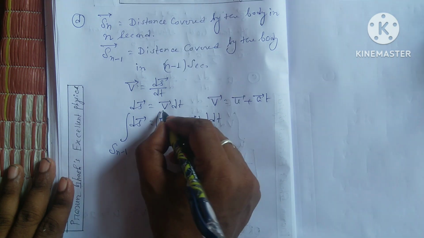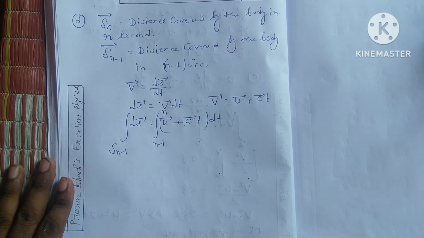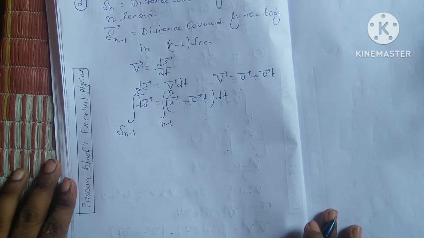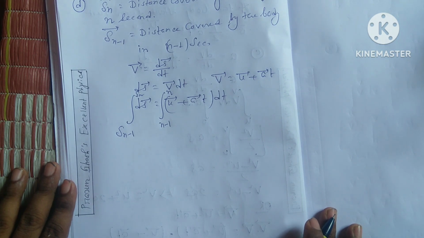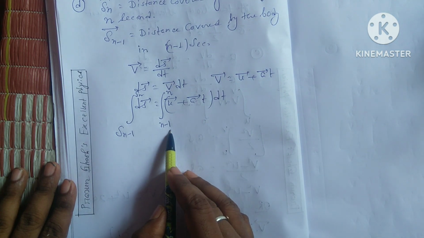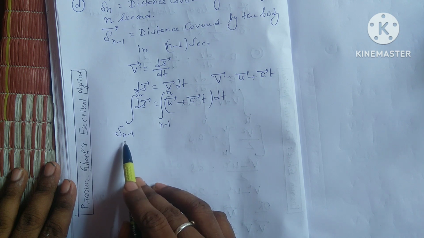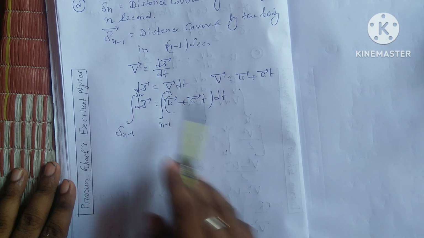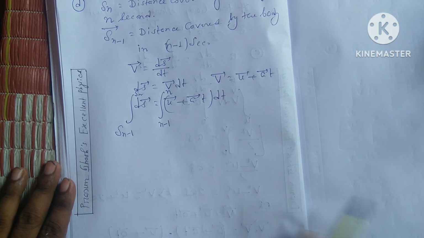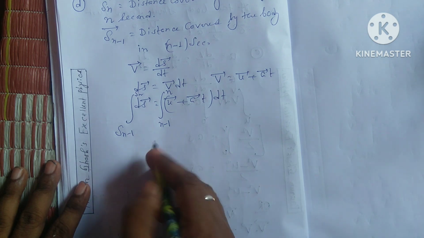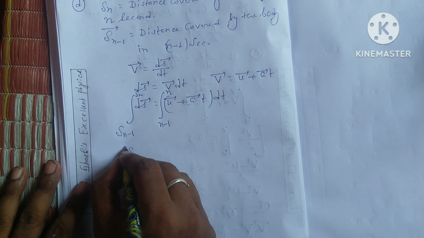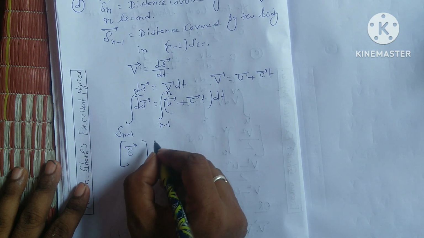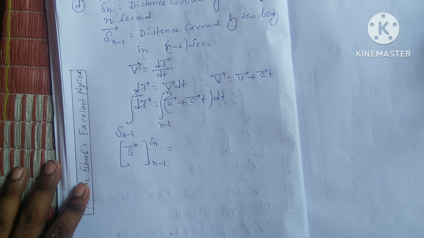When time is n, the distance is Sn. So we have to calculate this, from Sn minus 1 to Sn.